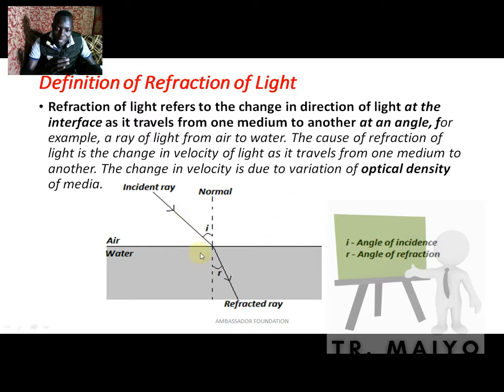The angle between the normal and the refracted ray is called the angle of refraction. The angle of incidence is denoted by the letter i, and the angle of refraction is denoted by the letter r. Get that very well.